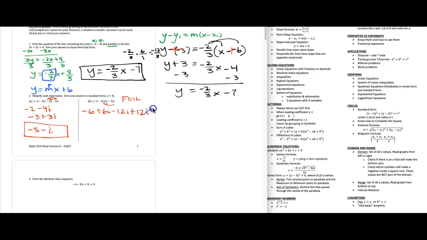I get rid of that i squared and change it to a negative, because it's 12 times -1, which is -12. Then I just need to combine my like terms together. So -6 minus 12 is -18. And my i's combined together there, 6i minus 12i is -6i. And that would be my answer.